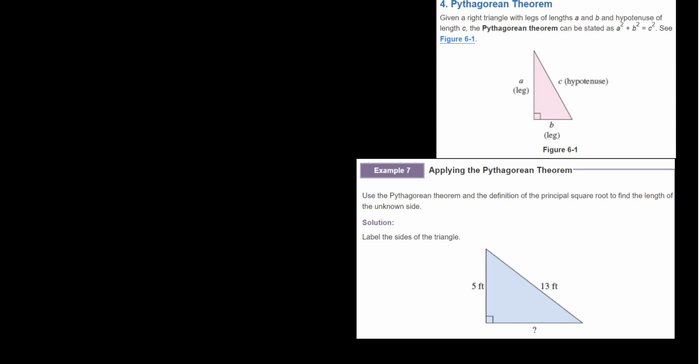Okay, so when we begin to solve this problem, we're going to have to set it up using the Pythagorean theorem. And we're going to do that like this. So we know that the Pythagorean theorem is a squared plus b squared is equal to c squared. Okay, well, I said it doesn't matter what a is, so we're just going to do a, we're going to do b, but it only matters really what c is.